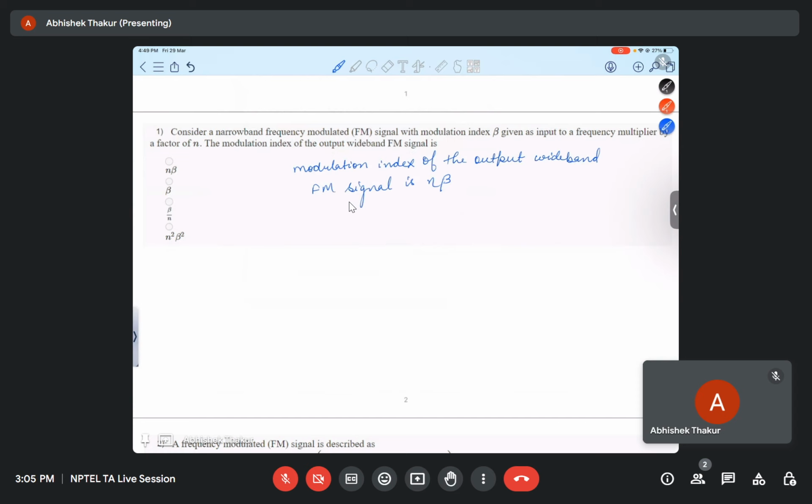So this frequency multiplication can be achieved by passing the signal s(t) through a nonlinear device.